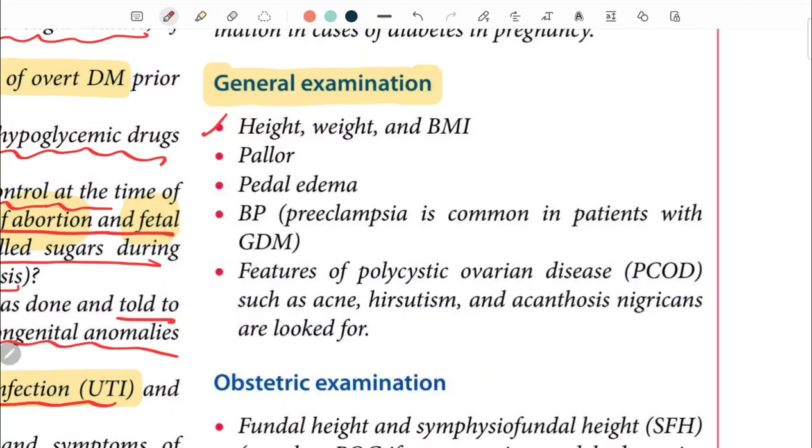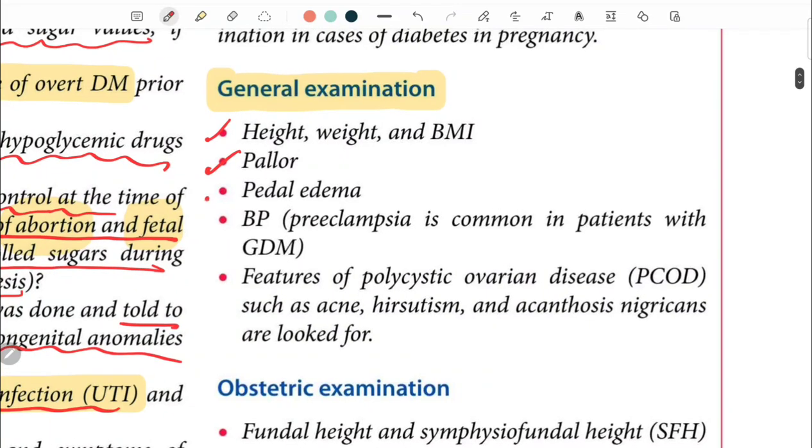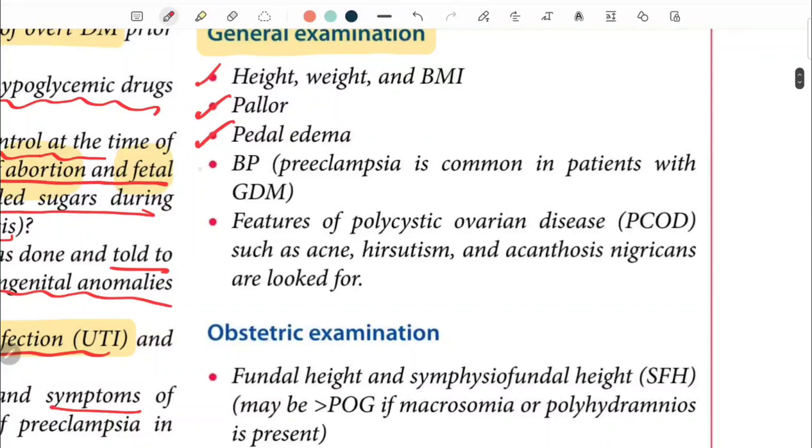Height, weight, BMI, pallor, pedal edema, blood pressure, because always remember preeclampsia is common in patients with GDM. So they are like sisters. Therefore, you need to check BP because preeclampsia is common in patients with GDM.